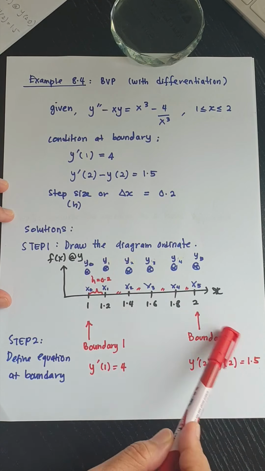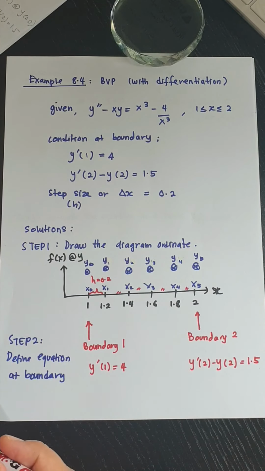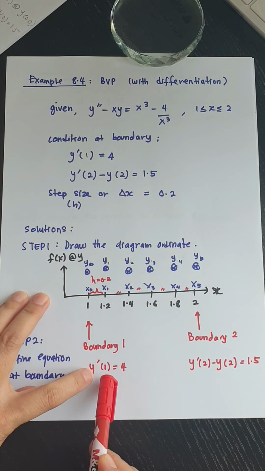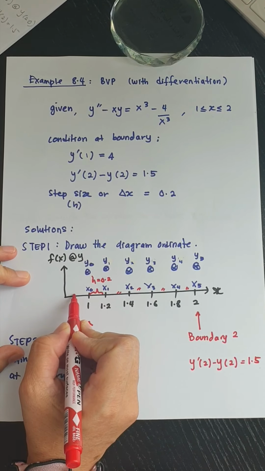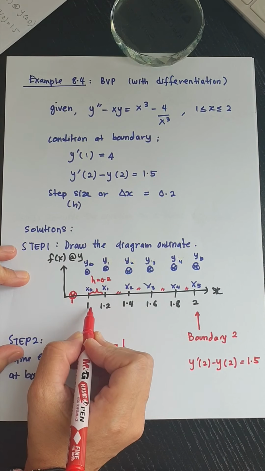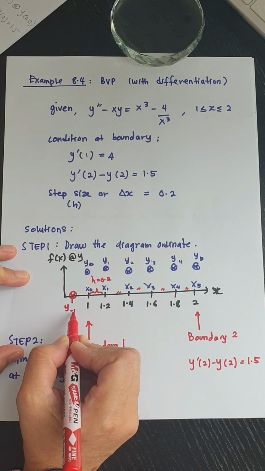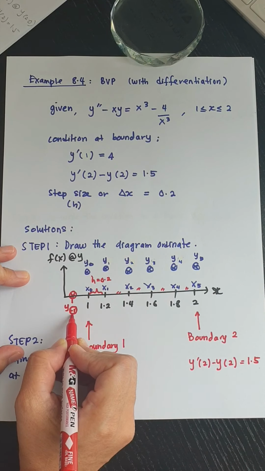So from here, you have to find the derivative formula for the extended data set. Over here you have data between 1 and 2, but using the derivative formula, you actually need to create additional data before x0. This is y negative 1, because this is 0, this is negative 1.